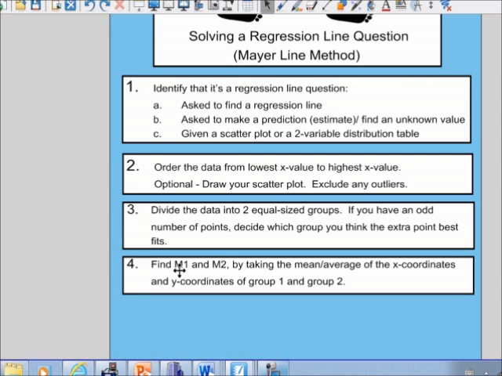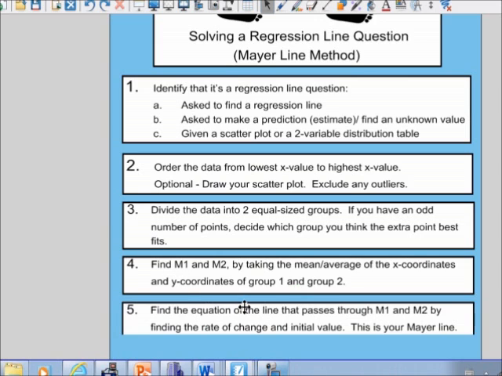Then I'm going to find what's my average y-coordinate for all my points in my first group, and that will become my y value for M1. And then, go figure, we're going to do it all again for group 2. Our average of all our x values in group 2 is the x-coordinate for M2. The average of all our y-coordinates for group 2 will be our y value for M2. And we're going to look at an example so you'll be able to see what all that means.